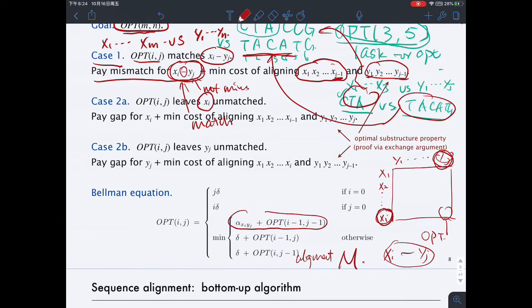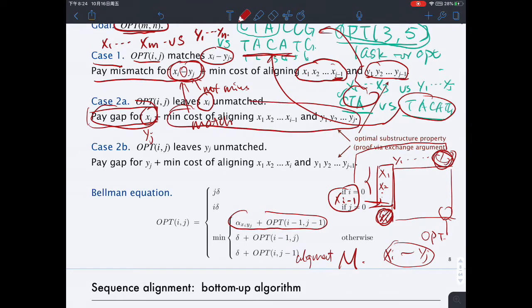The second case is that we leave xi unmatched. Basically, I get rid of xi and use the subproblem of x1 up to xi minus 1 to match with y1 up to yj. In this case we have a different cost, because xi is not matched with any of the y, so there's a gap cost.